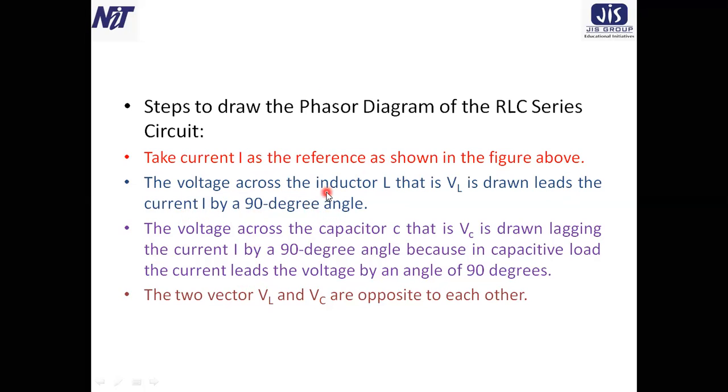That is also considered in this way: VL along positive y axis and I along positive x axis. Next, number 3. The voltage across the capacitor C, that is VC, is drawn lagging the current I by 90 degrees, because in a capacitive load the current leads the voltage by 90 degrees. That part is also covered. And finally, the two vectors VL and VC are opposite to each other.